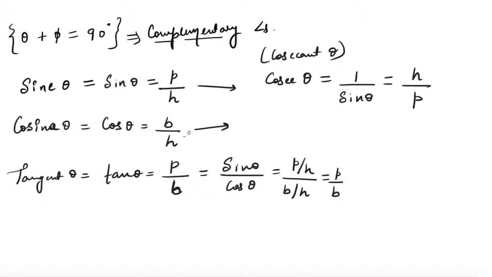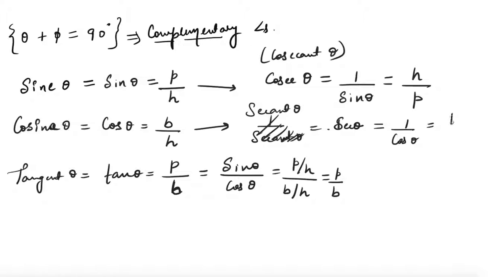Similarly, the reciprocal of cosine theta, or cos theta, is 1 by cos theta, that is sec theta. Sorry, this will be secant theta, which is abbreviated as sec theta, which is nothing but the inverse or reciprocal of cos theta.